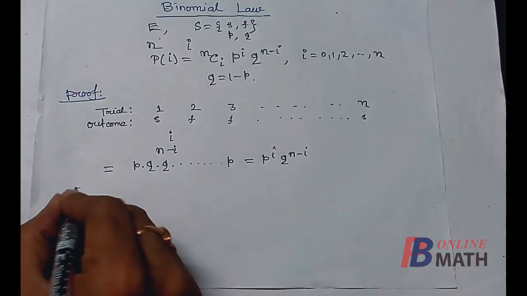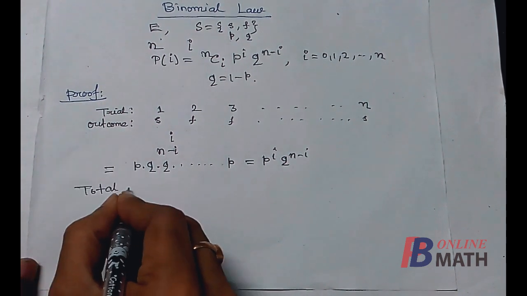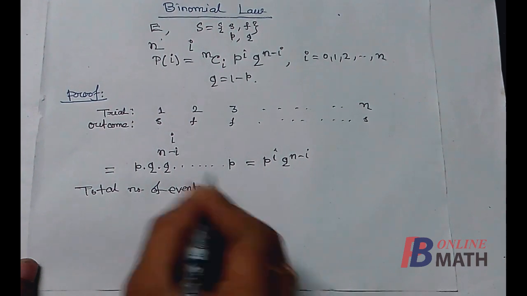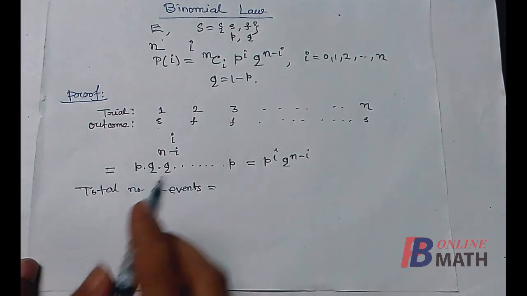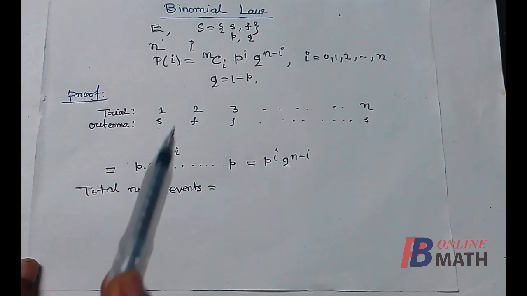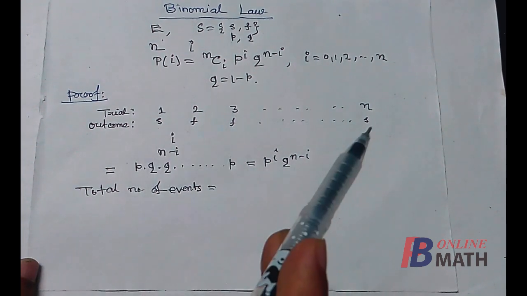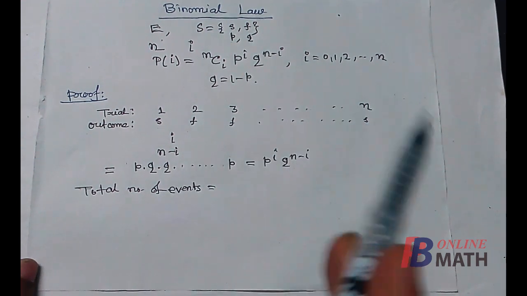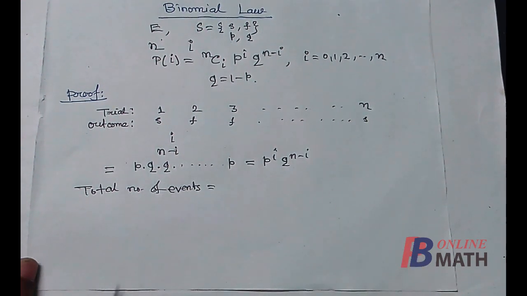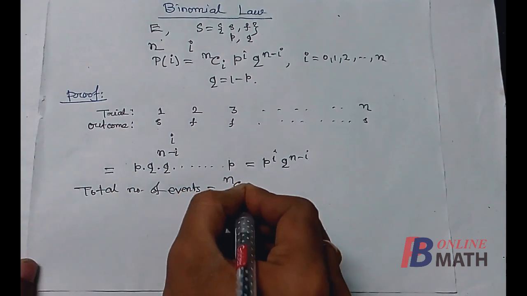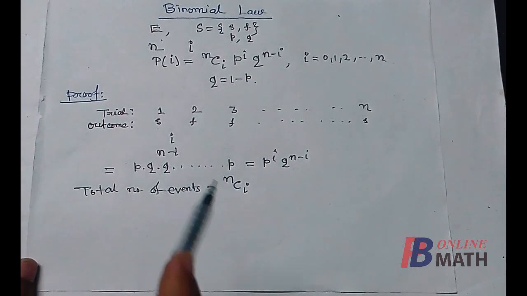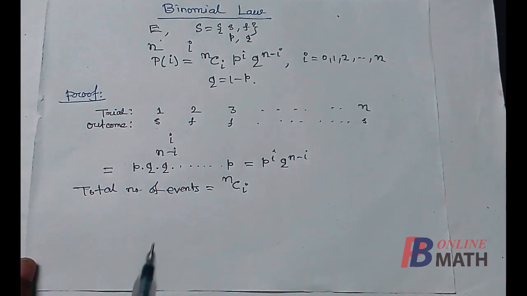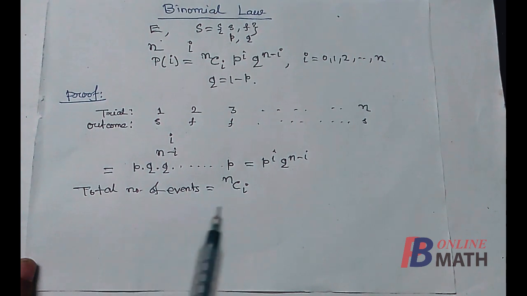So the total number of events like this should be the number of ways we can select these I successes from the n trials. And from the law of permutation we know that this is equal to nCi. So there are exactly nCi number of events where there are exactly I number of successes and n minus I number of failures.